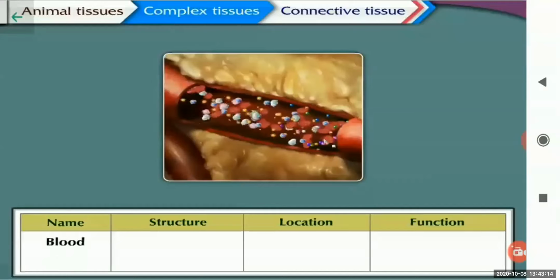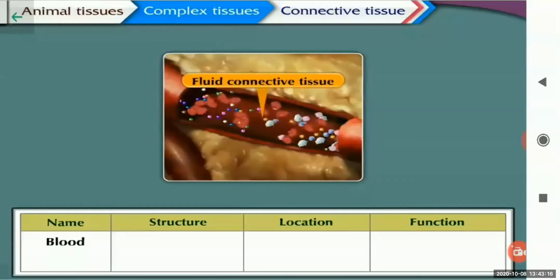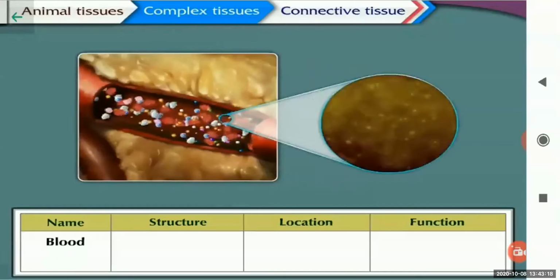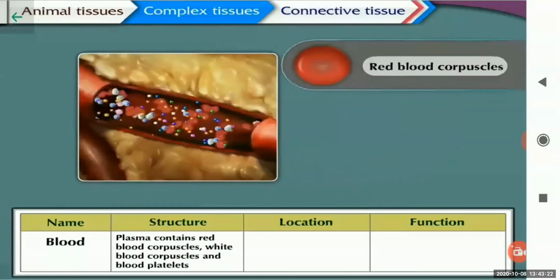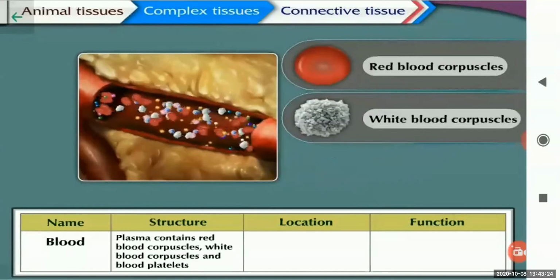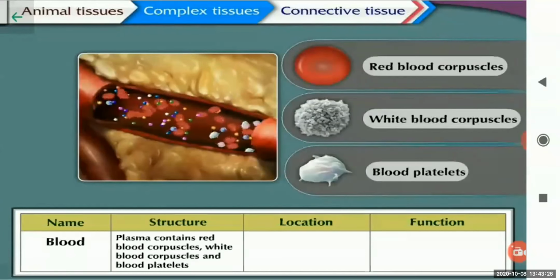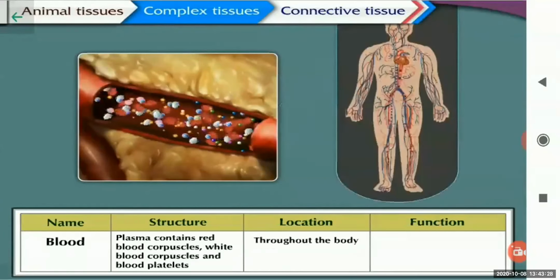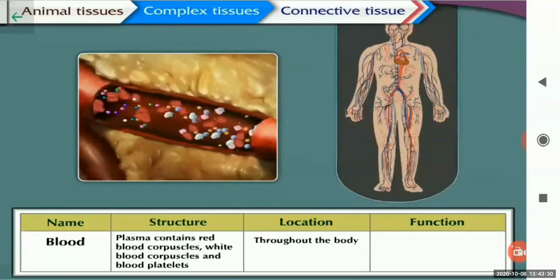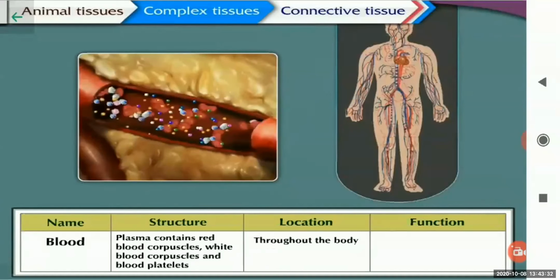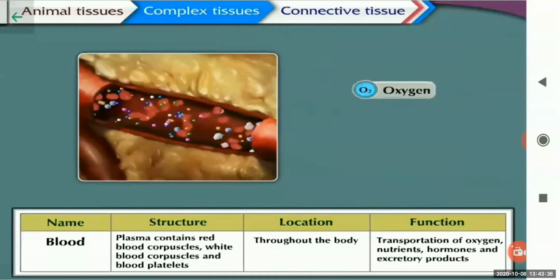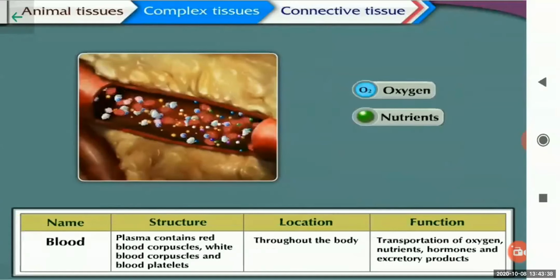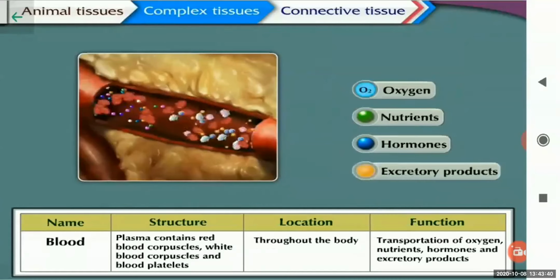Blood is a fluid connective tissue. It has a fluid matrix called plasma, in which red blood corpuscles, white blood corpuscles, and blood platelets are suspended. Blood flows throughout the body by the closed circulatory system. The blood transports oxygen, nutrients from the food, hormones, and excretory products.